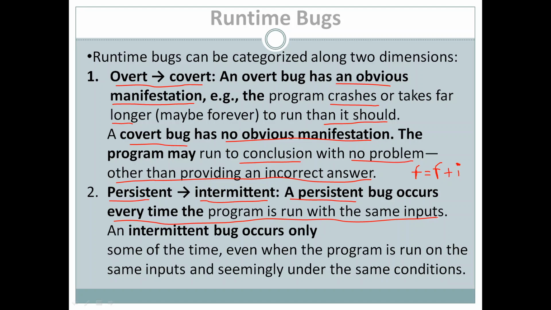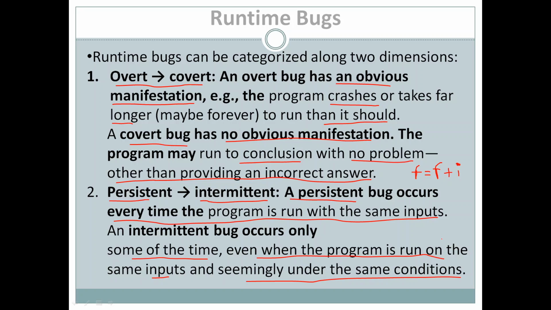For the same input, the bug occurs. In case of intermittent bugs, these occur only some of the time, even when the program is run on the same input and seemingly under the same condition.